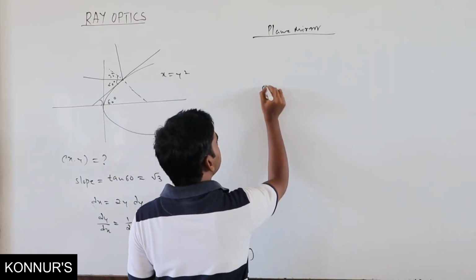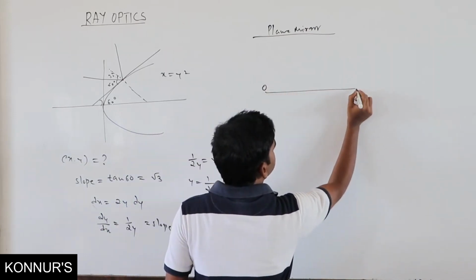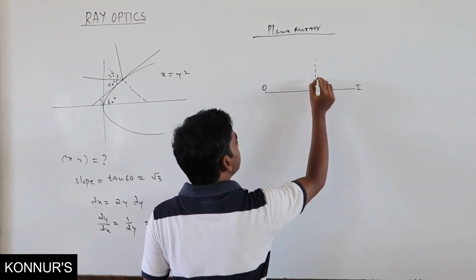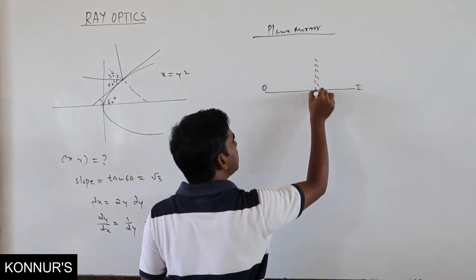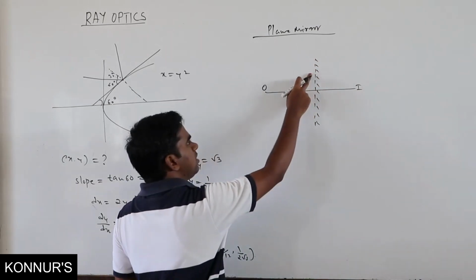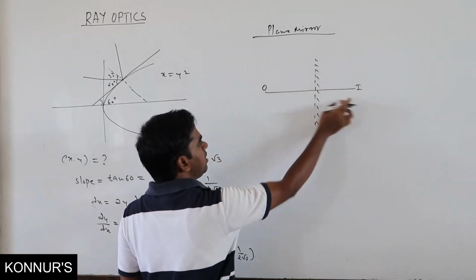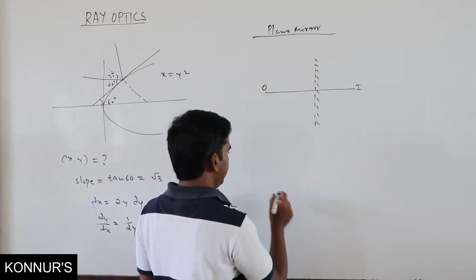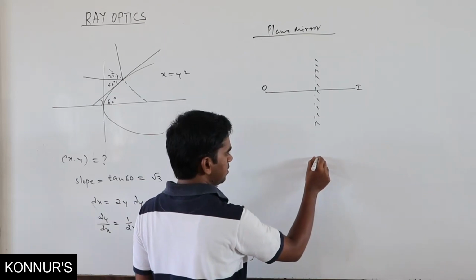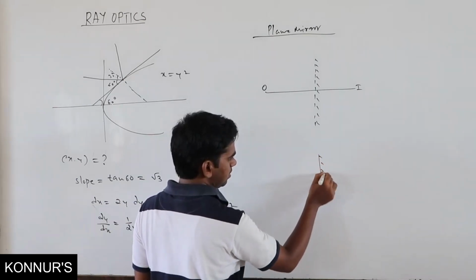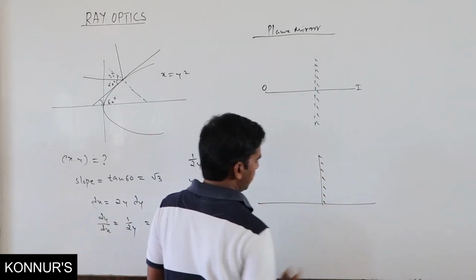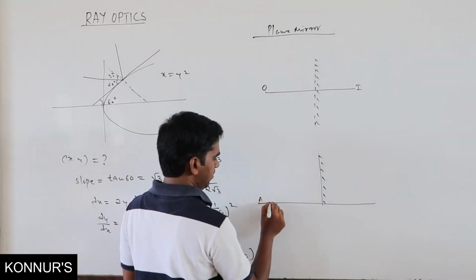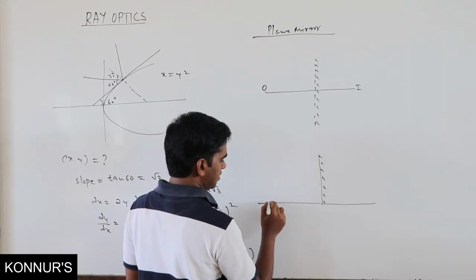So if this is your object, and this is your image, then your plane mirror is nothing but a perpendicular bisector of the line joining object and image. So here, if a mirror is at this place, and this is a horizontal line, if the object is going to be here, say at point A, or you can take O only as an object.